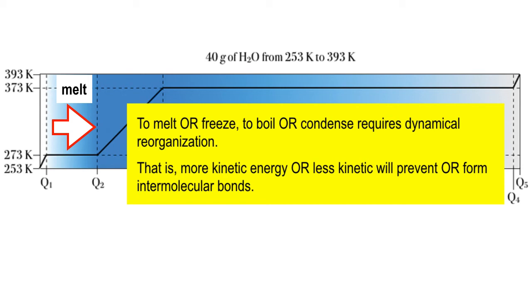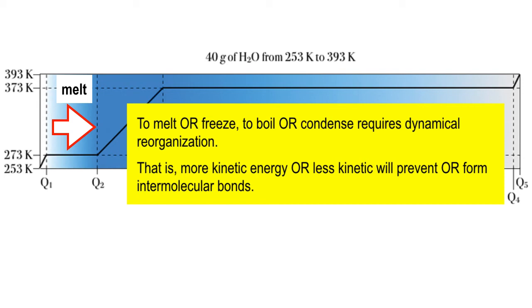Now make a note of that. When you melt something, it stays at 273. Well, if you melt water, it stays at 273 until it all melts. And then when it's all melted, then you can start heating up the liquid water. Okay, that corresponds to this upward line segment here from Q2 up to Q3.